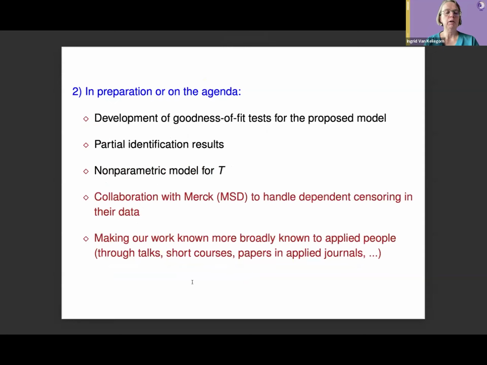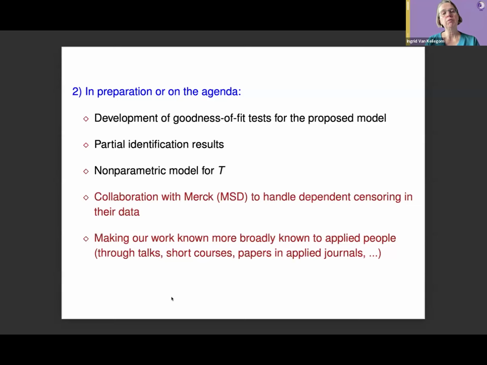So it would be good to have a way to check these assumptions. We are also working with a PhD student on partial identification results. So that means that you are not trying to fully identify your distribution of T, but you want to have boundaries between which the distribution will lie.